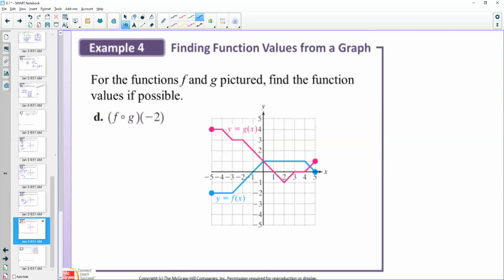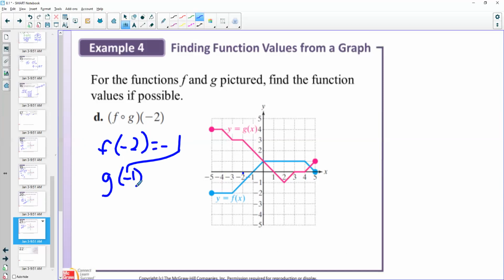One more. F of g of x. What this means is I'm going to find g at negative 2 first. So I'm going to go over to negative 2, and I'm going to find that value. G at negative 2 is negative 1. Then I'm going to take that value and use it with f.